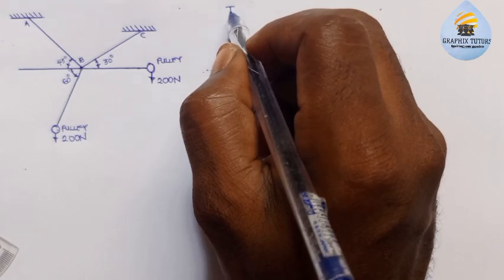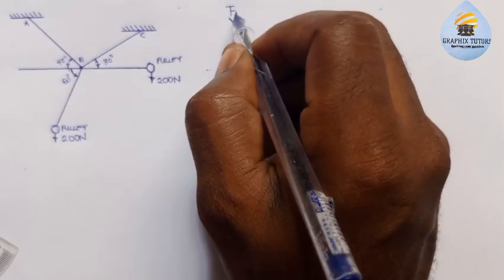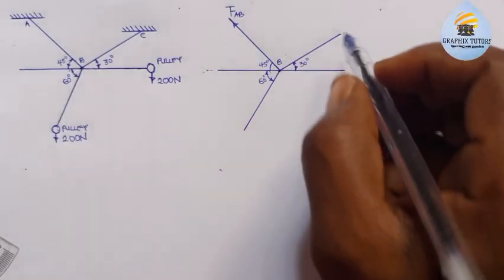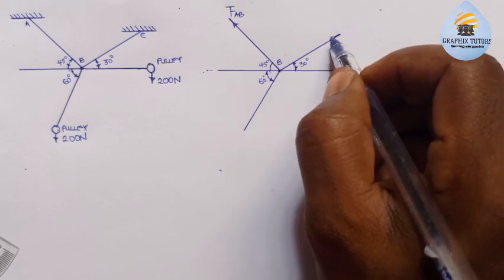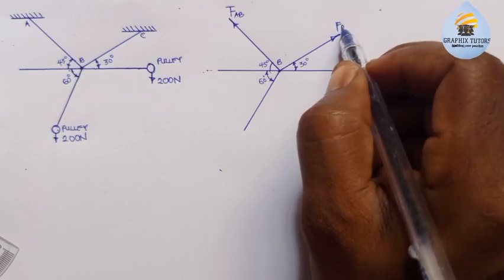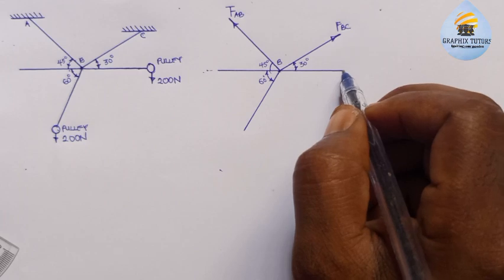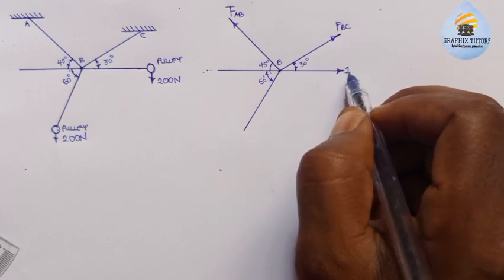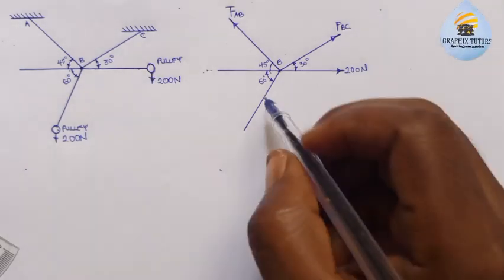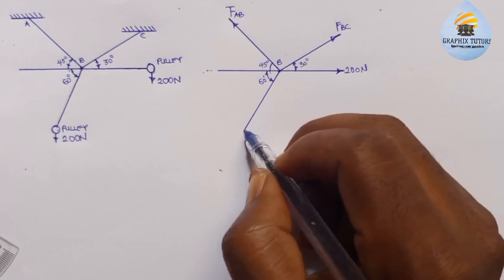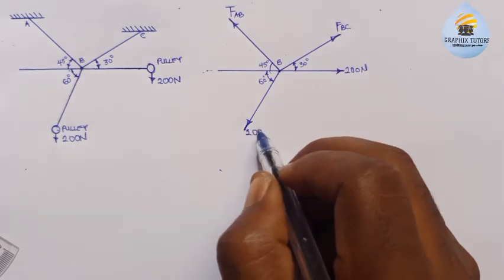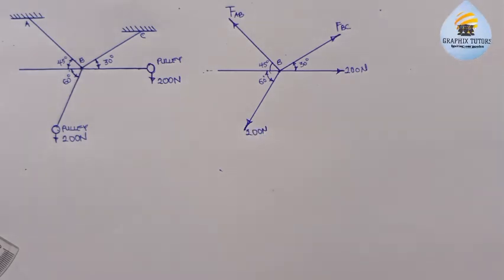We call it FAB, that is the tensile force along member AB, and here we'll call it FBC, the tensile force along member BC. Then this point here is giving us 200 Newton, that's the weight of the pulley at that point. And the force of the pulley here is giving us another 200 Newton, right?